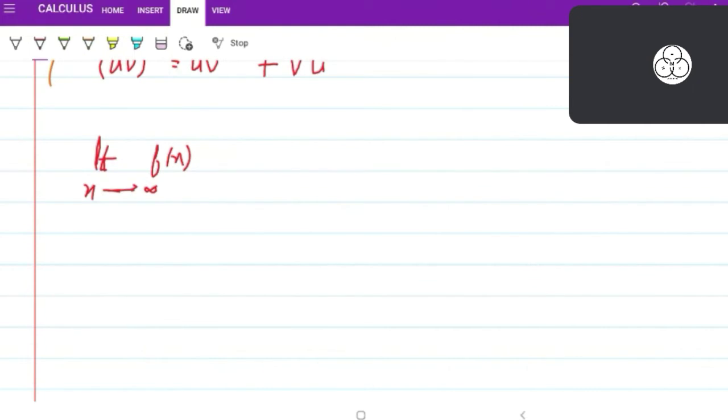So we can easily see that limit, what's happening, wait a minute, limit x tends to infinity.